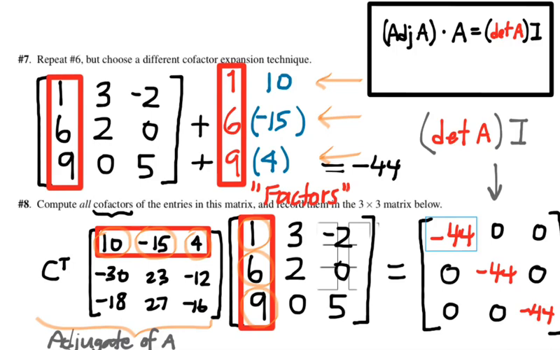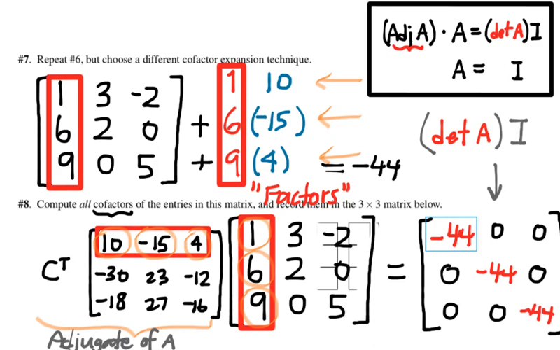So what secretly does the adjugate help us to find? It kind of helps us to find the identity, but we know what the identity looks like. What we don't know is what the inverse looks like. Exactly. So the adjugate is helping us to find the inverse. And to figure out how, let's get the identity by itself on the right-hand side of this equation. Because that's what we would need to see in order to find the inverse of A. We would need to find a matrix which, when we multiplied it by A, gave us the identity.